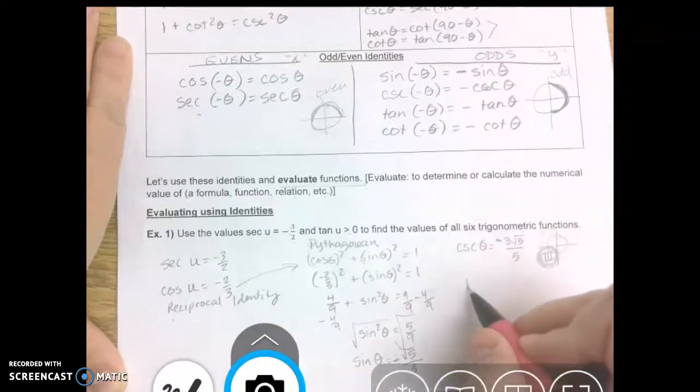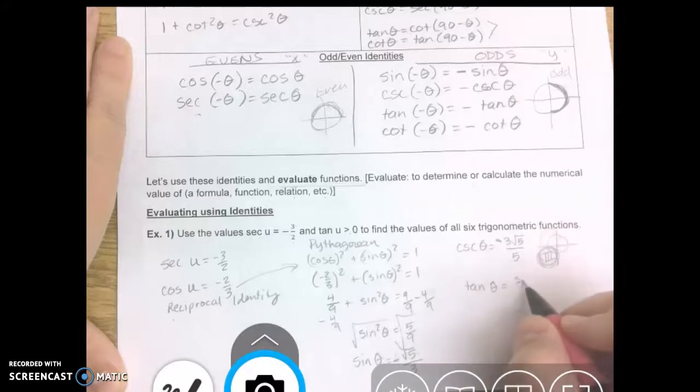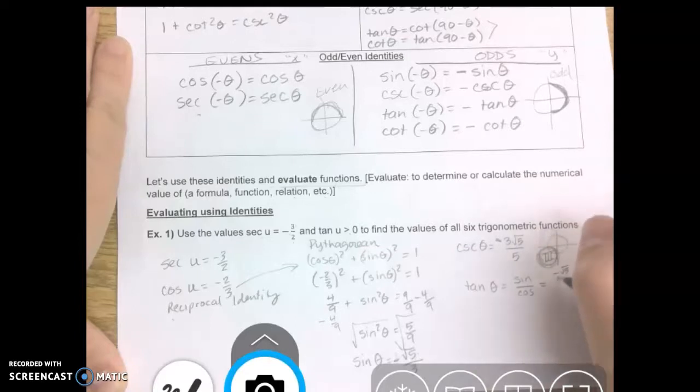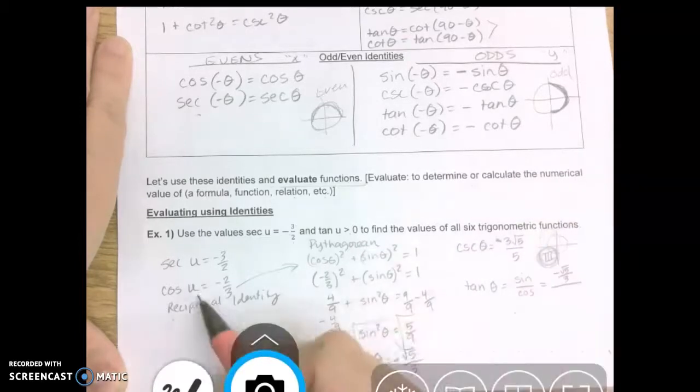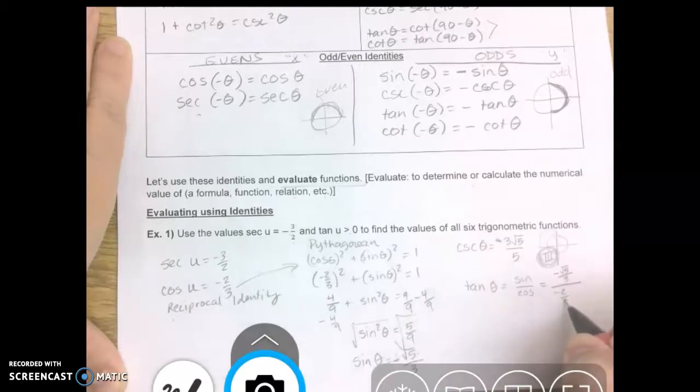Okay? Then we have tangent. Now tangent is going to be sine over cosine. So we said that the sine was negative square root of 5/3, and the cosine is -2/3. Since they both have a denominator of 3, I can cancel that out, and I'm left with the square root of 5/2. Both were negative, so now it's positive.